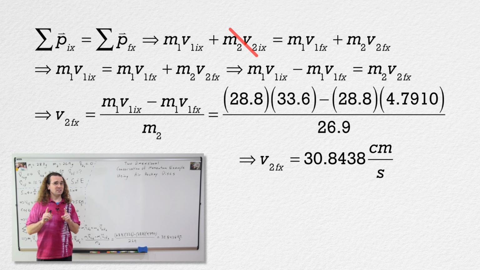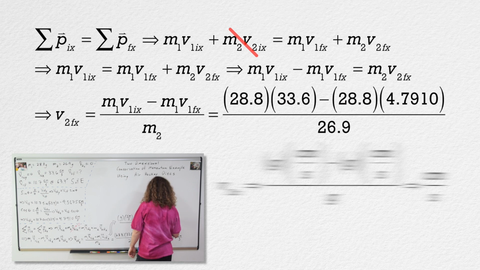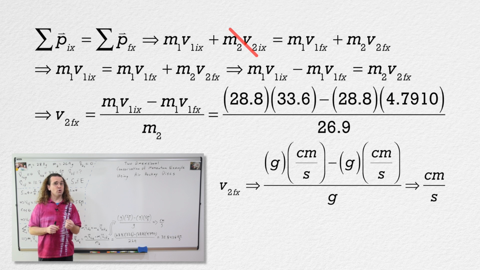Notice how, because in this instance grams cancel out, we do not need to convert our known values to base SI units, and we get the final velocity for disk 2 in the x direction in centimeters per second.